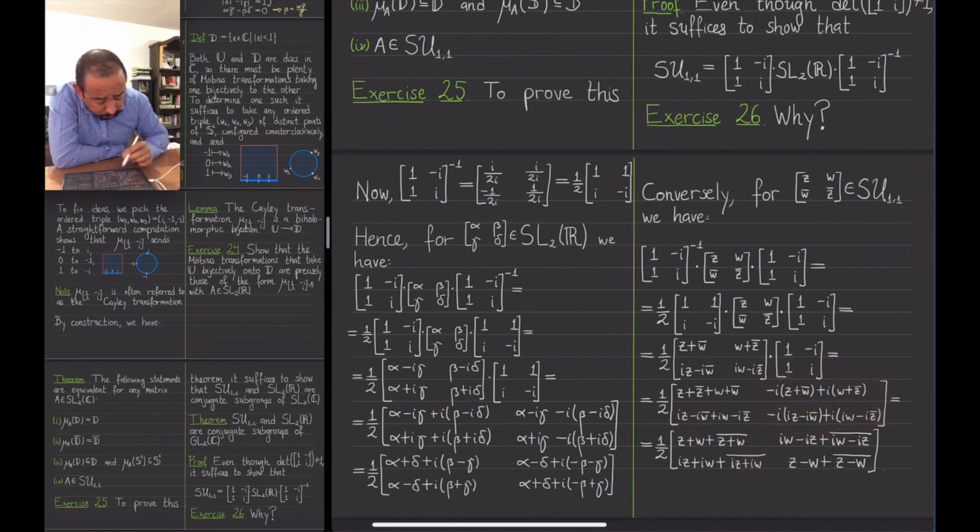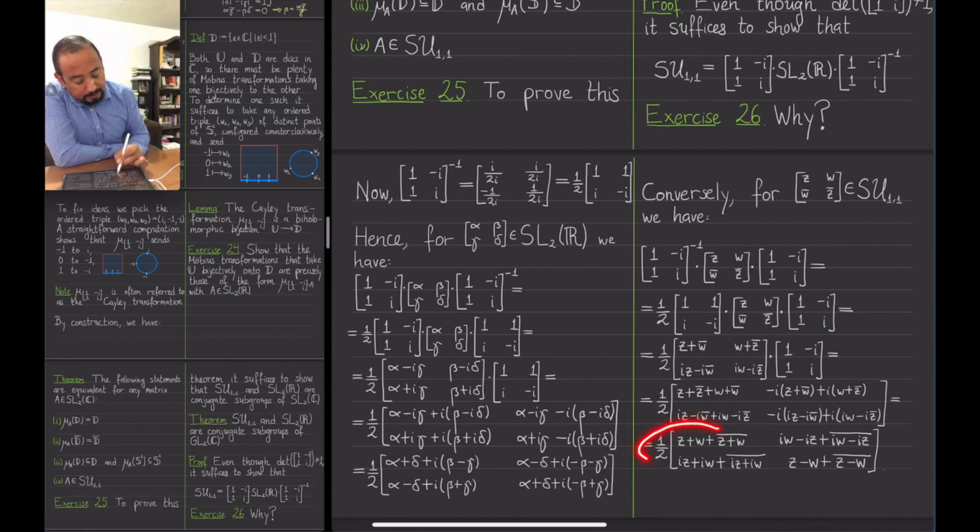So what we arrive at is that each of the entries of the result, even after you multiply with this real scalar, is of the form something plus its conjugate. So they are all real, because they are 2 times the real part of something.